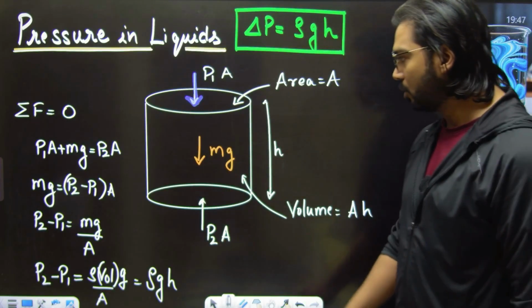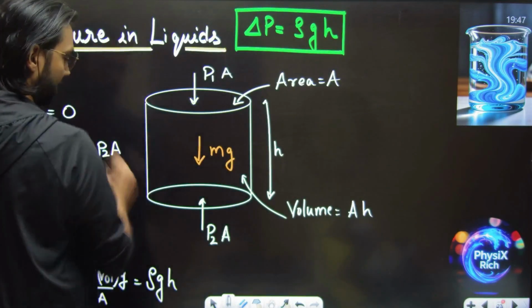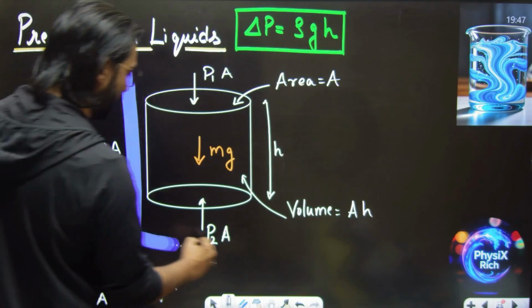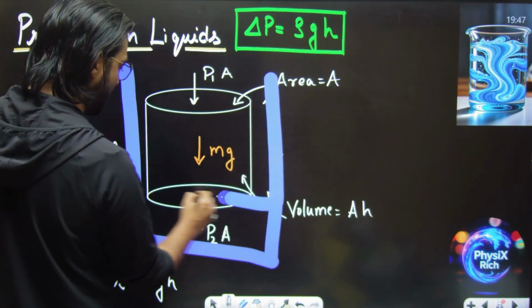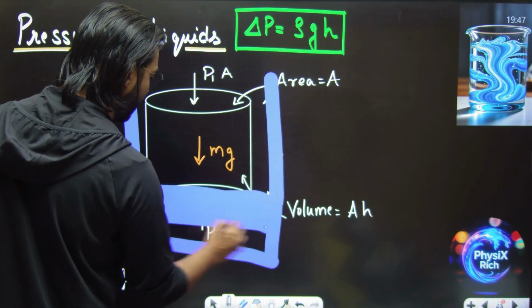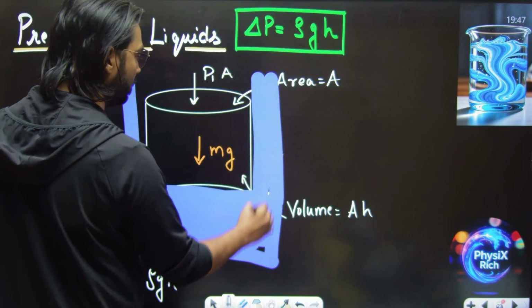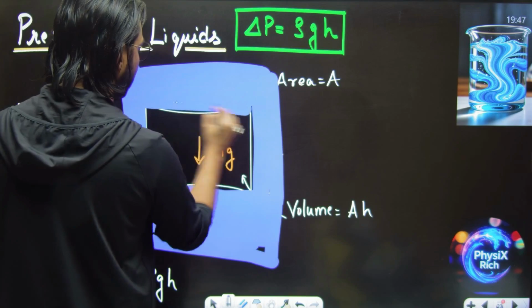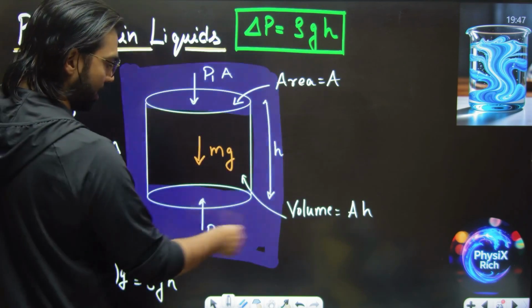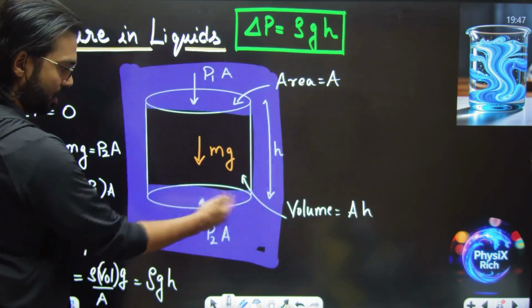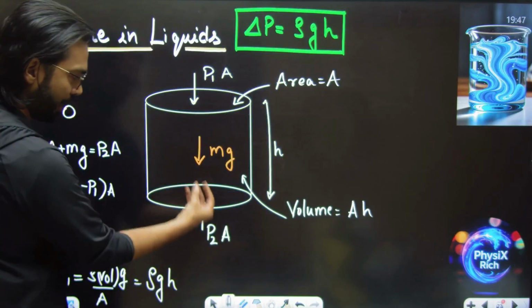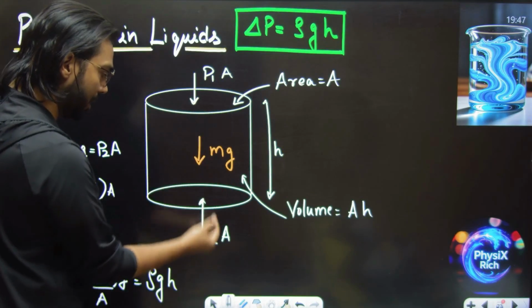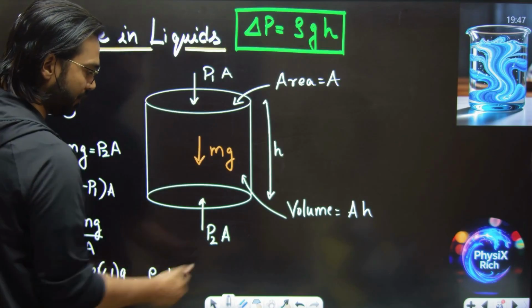Okay. Now, I had assumed that this is entirely enclosed in this container, all right? And now there is liquid completely over here too. Now, this portion is again pushing our hypothetical piece of liquid from underneath with a force of P2A.